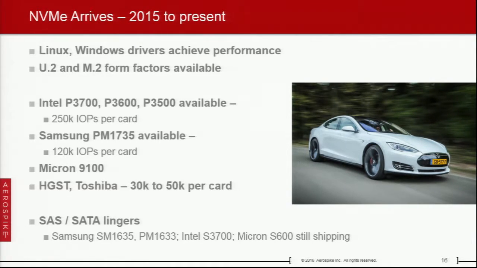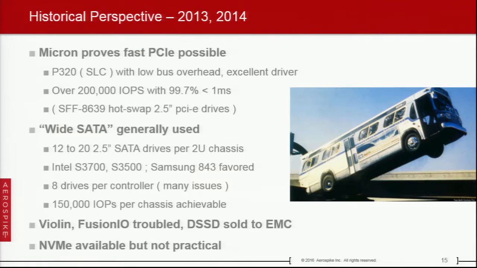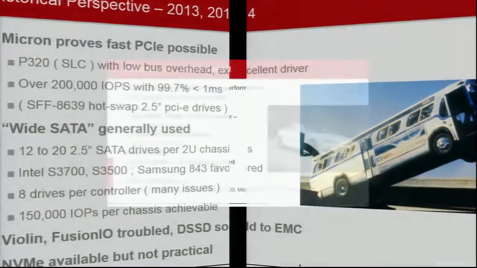It was out there, and Intel was supporting a lot of work in it, as were some other people, but it wasn't really good. And sometime in mid-2015, some of the core maintainers of Linux got involved and really cleaned up that driver and made it world-class.